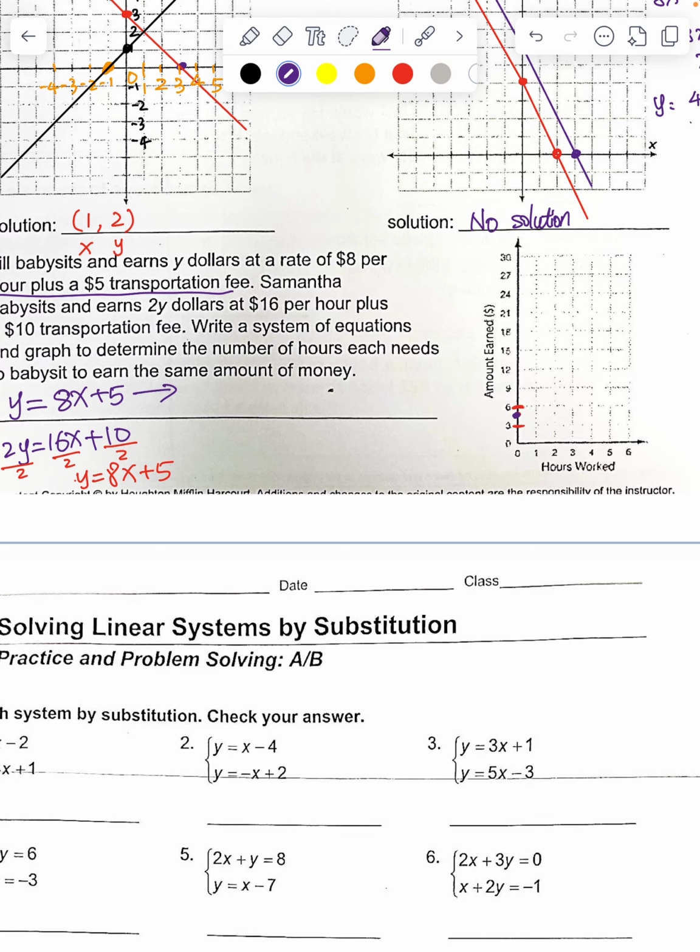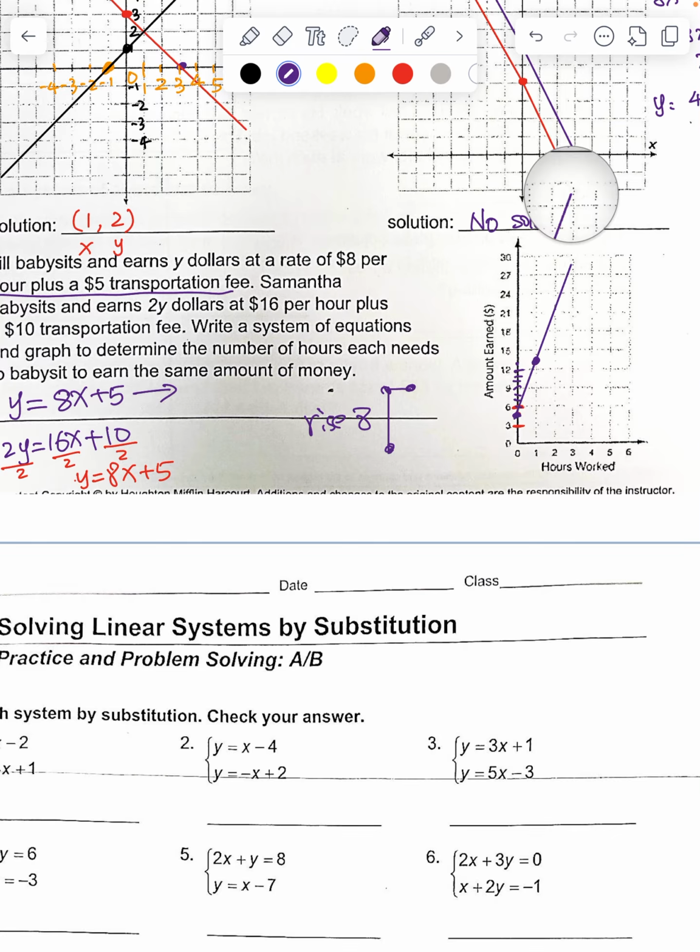That means from my first point, I go up 8 units, rise up, and then run 1, to find my second point. So 5, 6, 7, 8, 9, 10, 11, 12. From 5 plus 8, that's 13. So it should be here at 13. And then run 1. The graph should look like this.